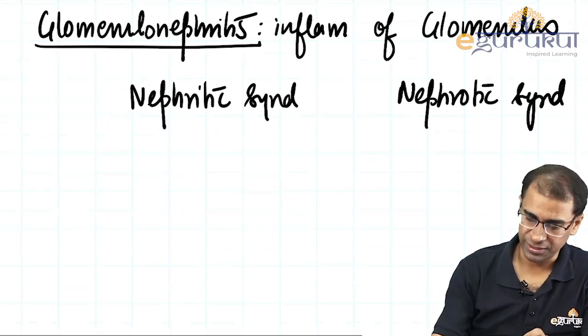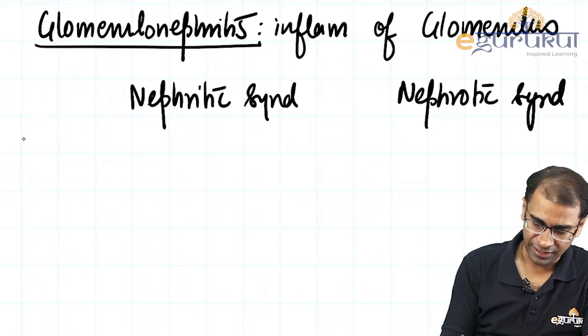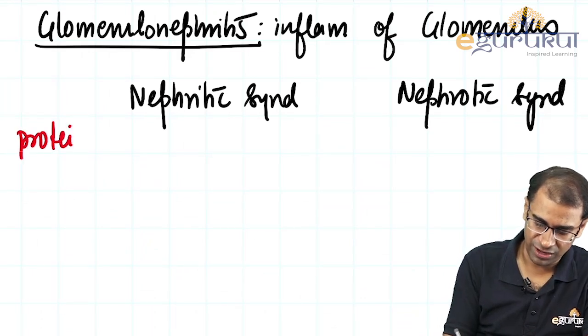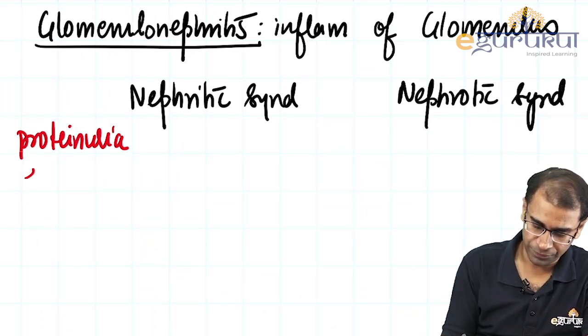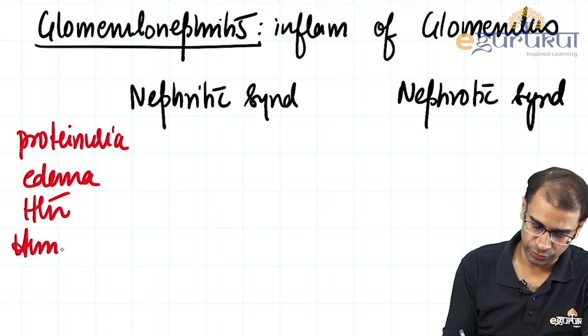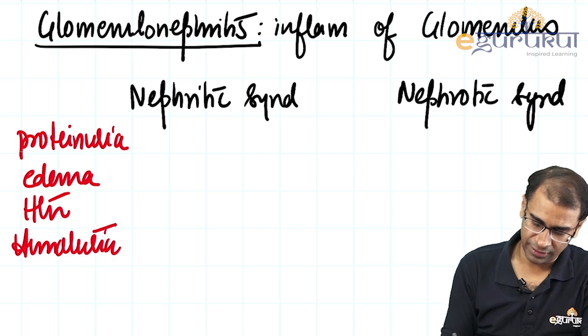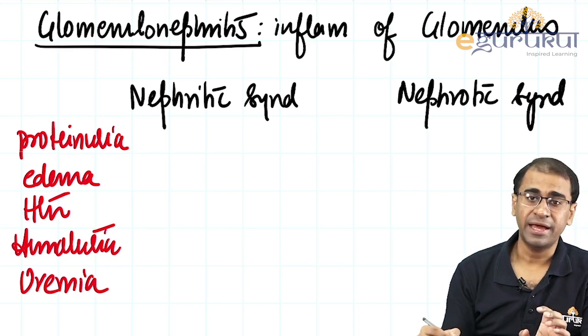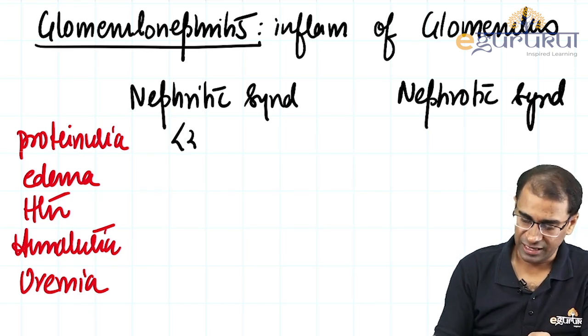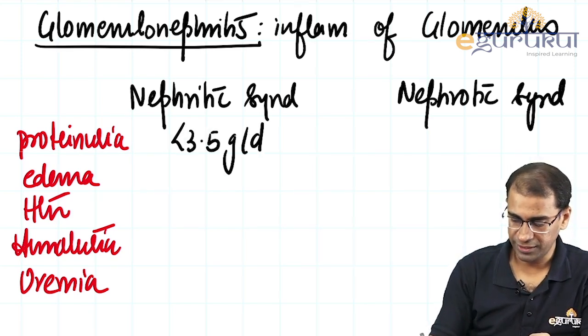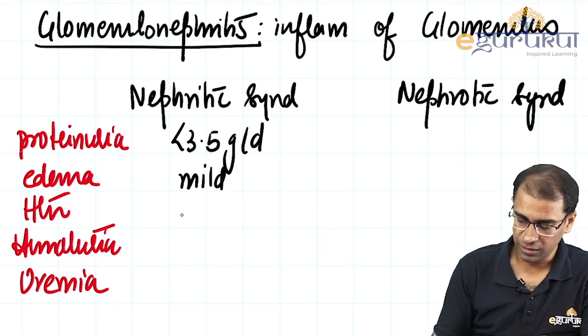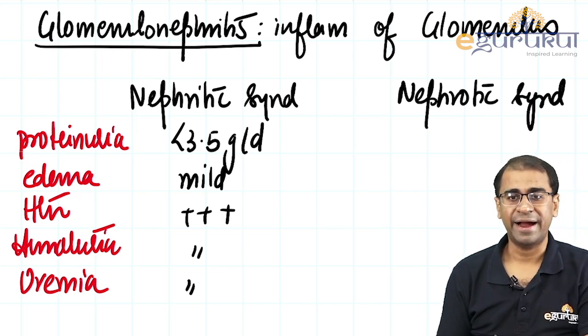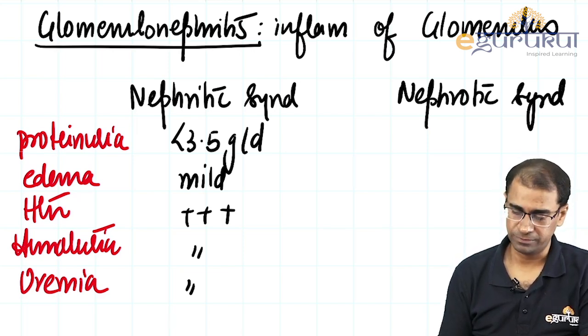Now what you must remember here is the finding differences: proteinuria, then edema, hypertension, hematuria, and uremia, that is renal failure. In nephritic syndrome, there is less than 3.5 grams per day with a mild amount of edema, but severe hypertension, uremia, and hematuria.